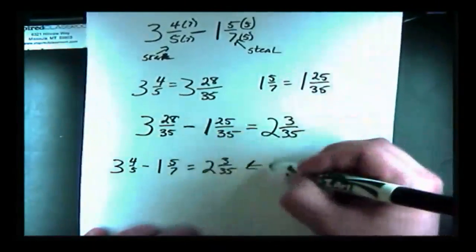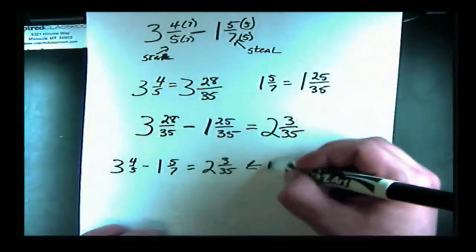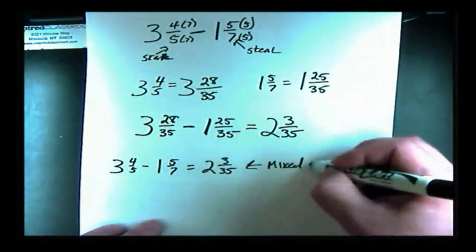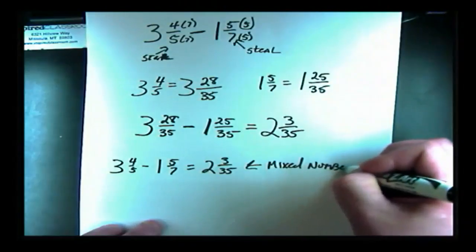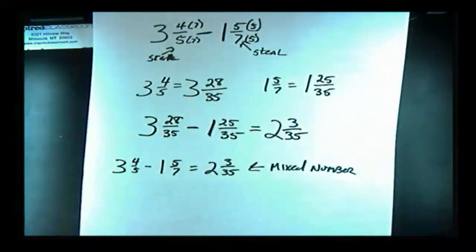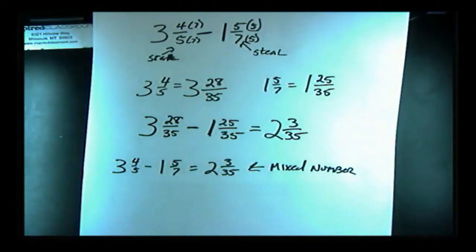This form of this number is called a mixed number. And I can change that into a full fraction if I have to. This problem is done, by the way, but depending on what you are trying to do with your fractions or mixed numbers, you may want to have it in a different form.